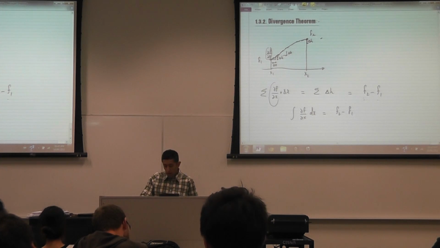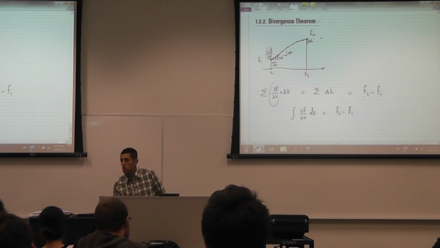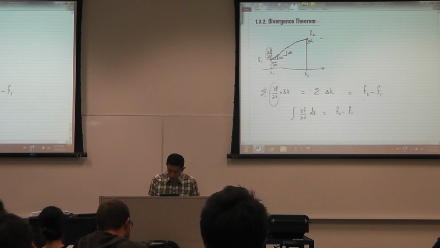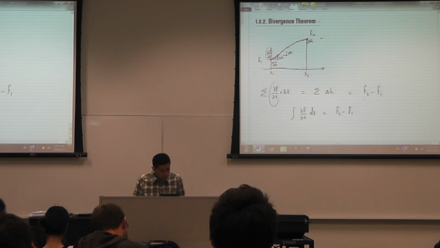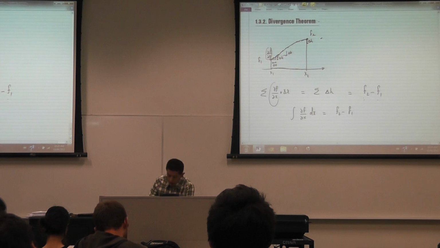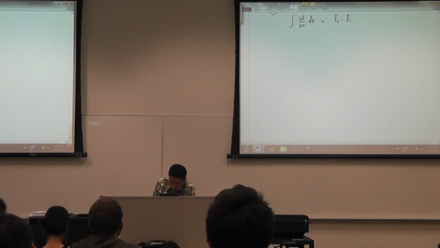Now we want to extend this into three-dimensional objects. Instead of the domain being only one dimension, the domain will be an object, a volume. And the divergence theorem states the following. I don't have it here, so I'm going to write it.